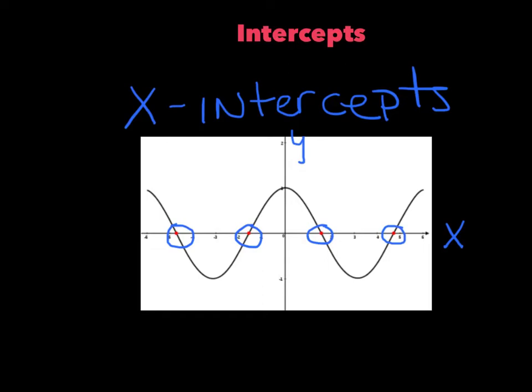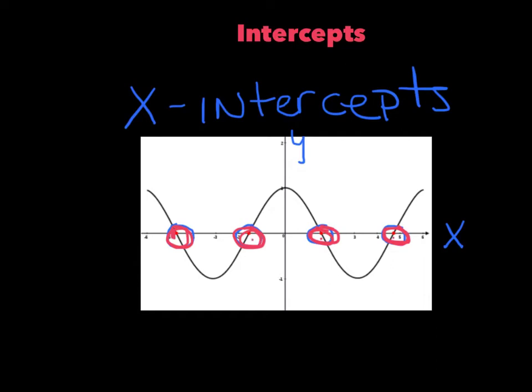Now, there's something extremely special about every x-intercept. All 4 of these points we circled have something in common. Can you think about what that is? What's special at this point, at this point, at this point, and this point? They all share something. Clearly, it's not the x value. This is pi over 2, 3 pi over 2, negative pi over 2, negative 3 pi over 2.